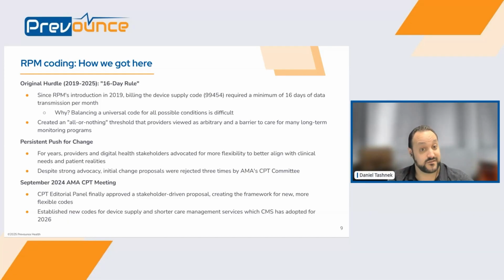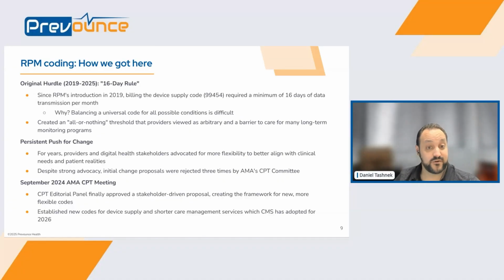So for years, since the 2019 release of the codes, digital health stakeholders and providers have been advocating for more flexibility to the AMA and to CMS. And really, it was rejected quite a few times by the AMA to do a smaller amount of measurement days required.